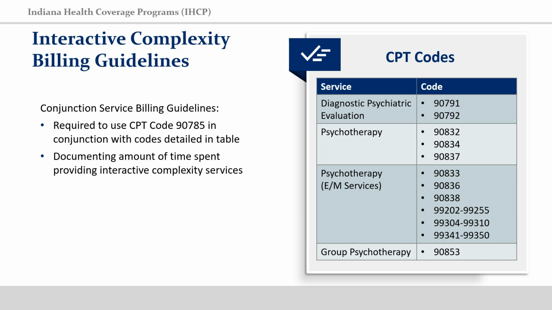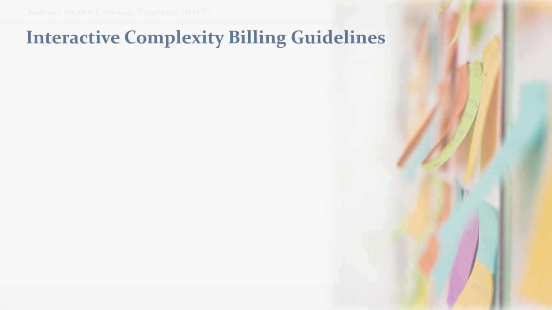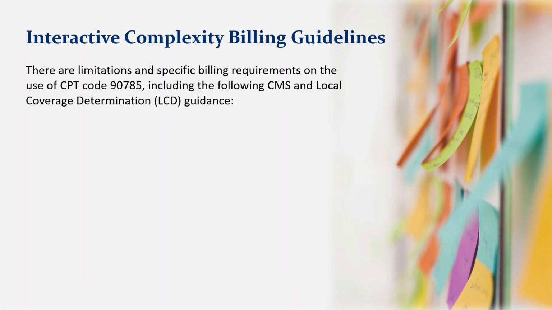Next, we will discuss some limitations to the specific billing requirements for CPT 90785. There are specific limitations in billing requirements for using CPT code 90785 as outlined by CMS and Local Coverage Determination, or LCD, guidance.